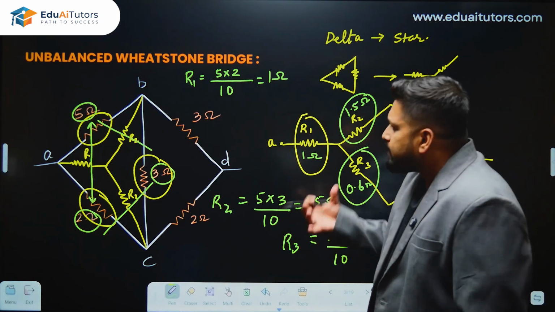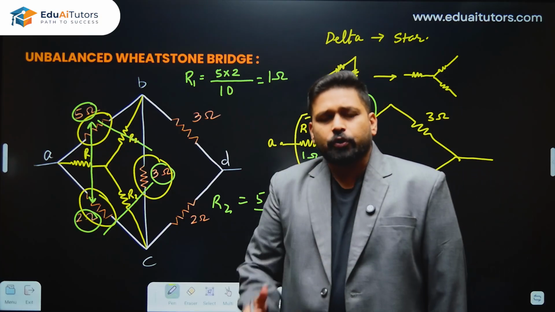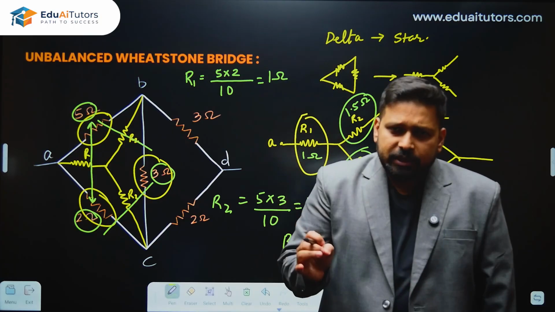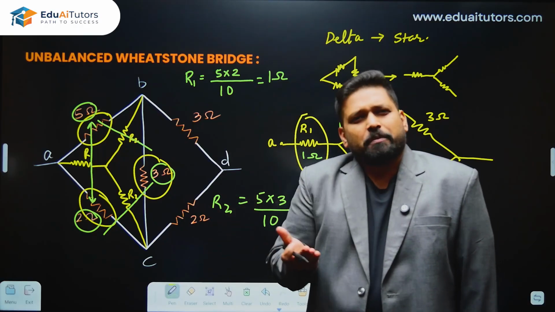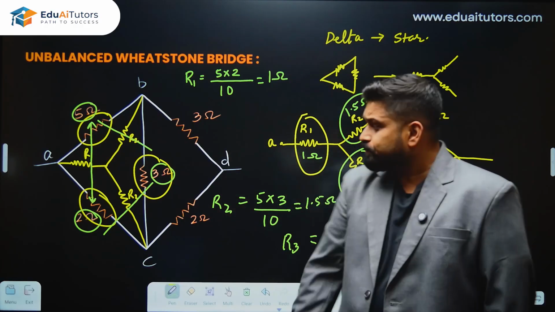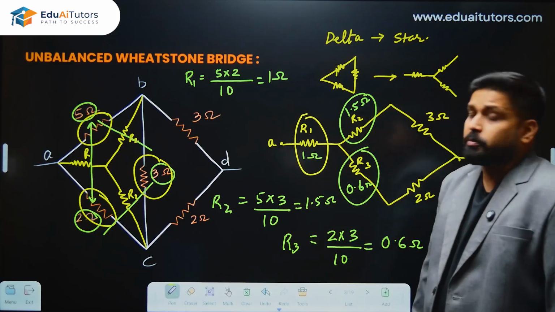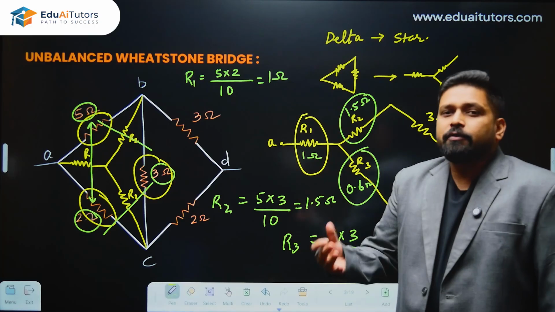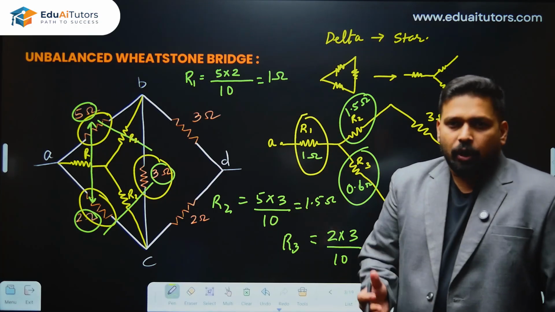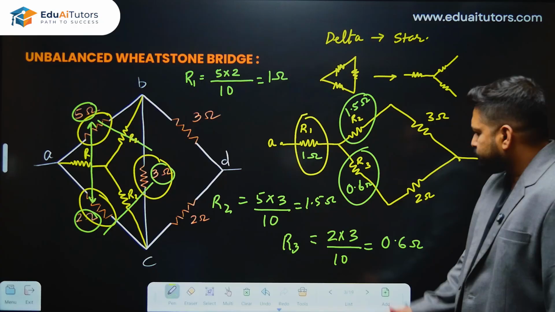So by using this simple delta star conversion, you can do this unbalanced Wheatstone bridge question in maybe 40-50 seconds. Of course, because I had to explain, it took me a little bit of time. But when you're practicing it on your own, it will be super easy for you to solve such a question. All right.